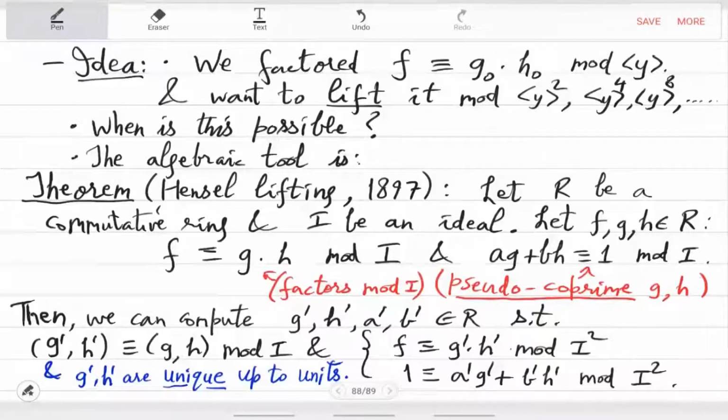At this point it is not even clear why that will exist, because it has to satisfy all these congruences mod I square, which is the next precision. So in terms of precision, actually we are increasing the precision, because I square is a smaller ideal. When you go modulo a smaller ideal, you will get a more precise answer.